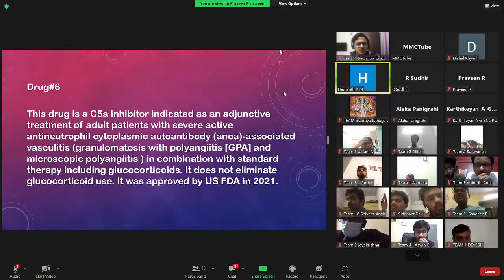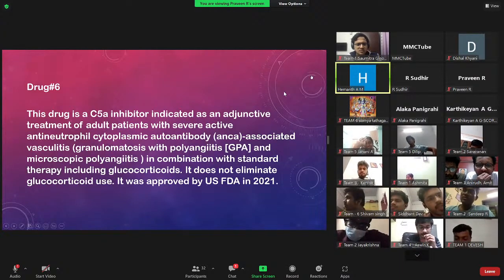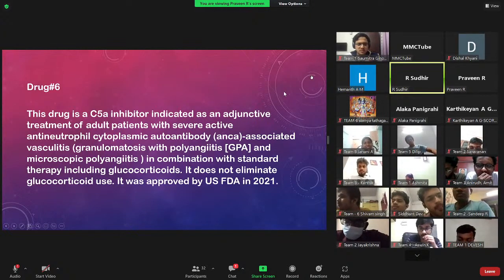It is in combination with glucocorticoids, but it does not eliminate the use of glucocorticoids. It was approved in 2021. So, what is the drug? Bounce time starts.